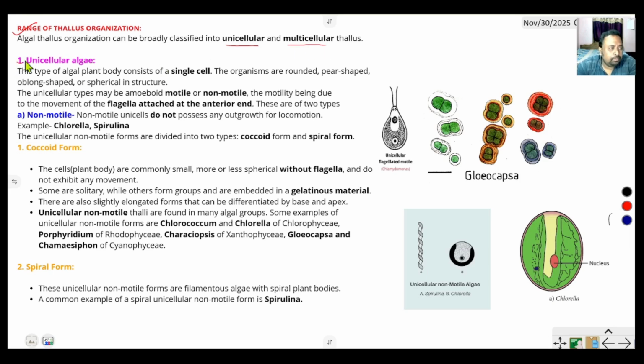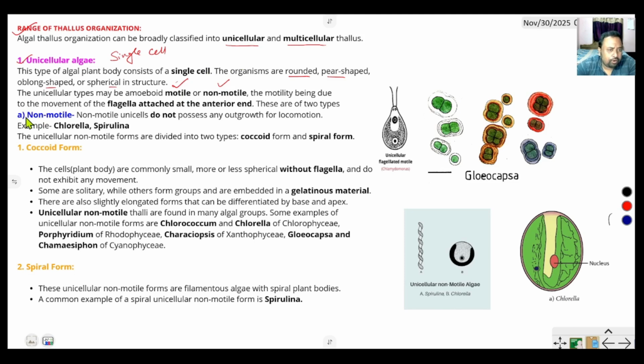Unicellular means single-cell algae. They may be rounded, pear-shaped, oblong or spherical in structure. Again, the unicellular algae divide into two types, motile and non-motile. Motile means able to move and non-motile means not able to move.